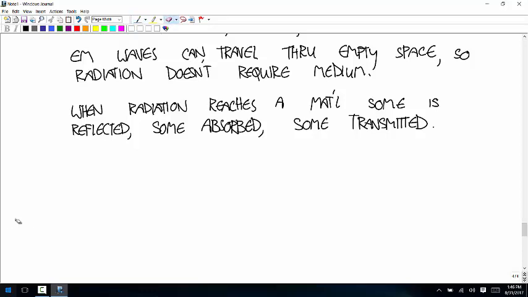And we have an equation for the amount of heat that's emitted from a material. This equation is called the Stefan-Boltzmann law.